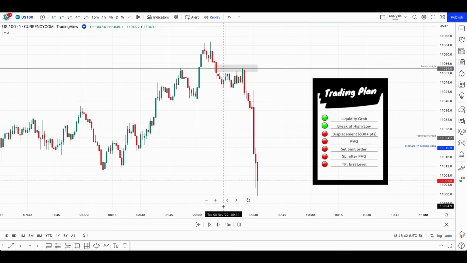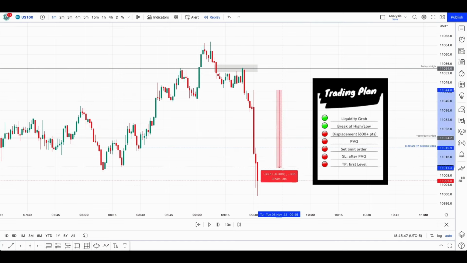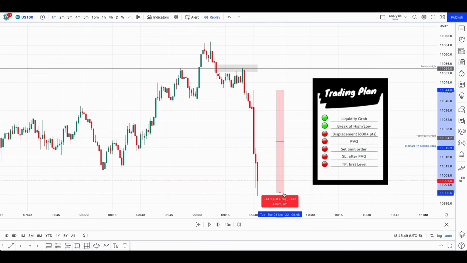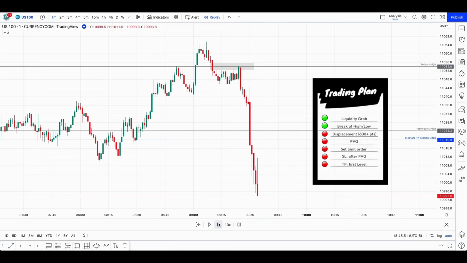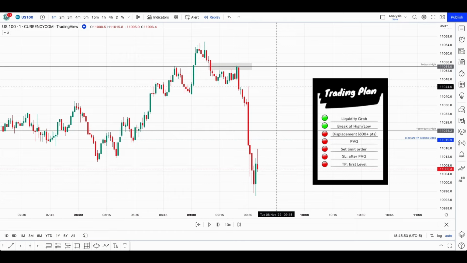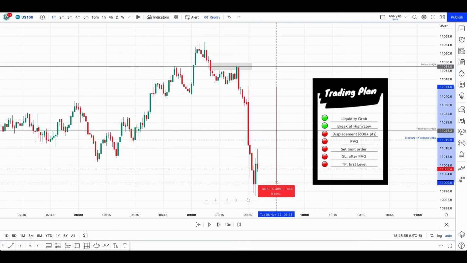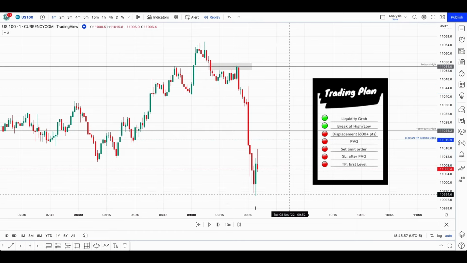But let's check if we have an entry, because here the displacement is quite big. 400, not 600 yet though. Okay, maybe it is now. Not yet.